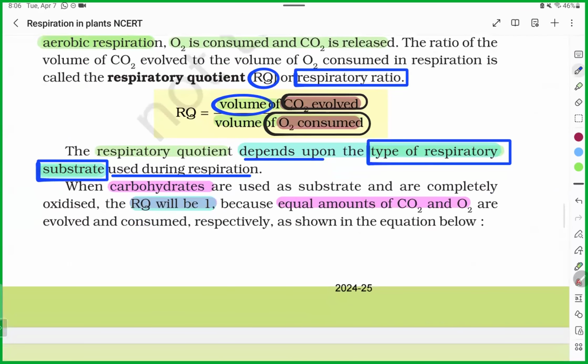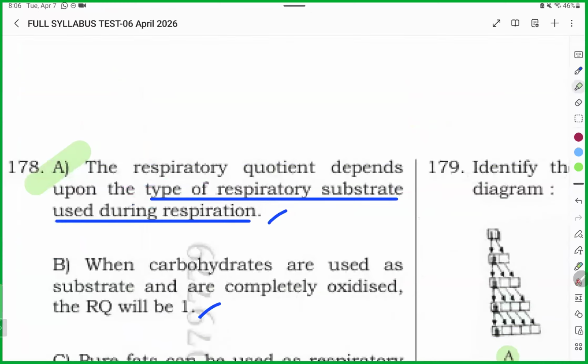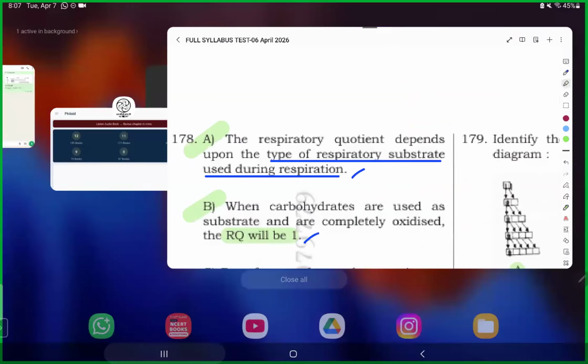Second, when carbohydrate is used as substrate, carbohydrates are completely oxidized and RQ value will be 1. Respiratory quotient or respiratory ratio will be 1. It means equal amounts of oxygen and CO2 are consumed and evolved. Next, Nikki. When carbohydrates are used as substrate, they are completely oxidized and RQ value is 1. Is this correct? Yes, sir.